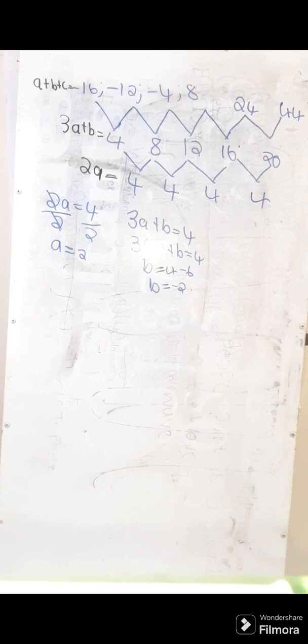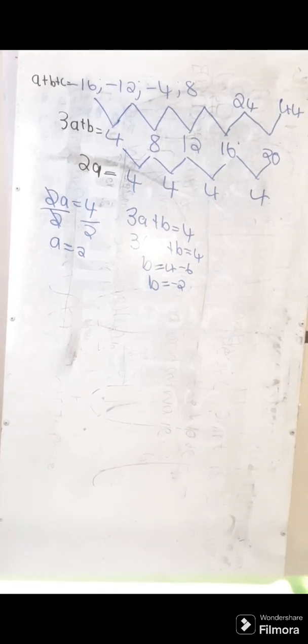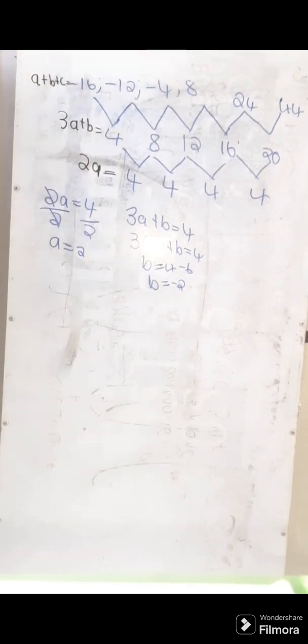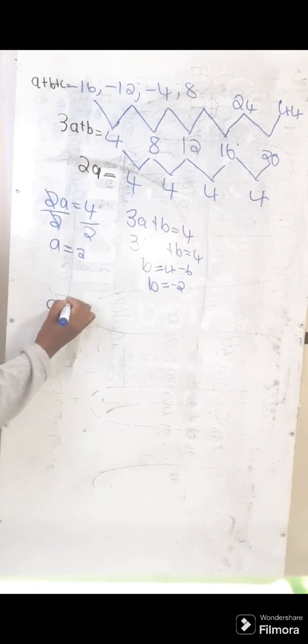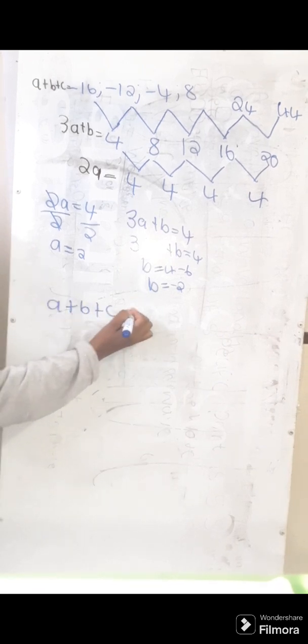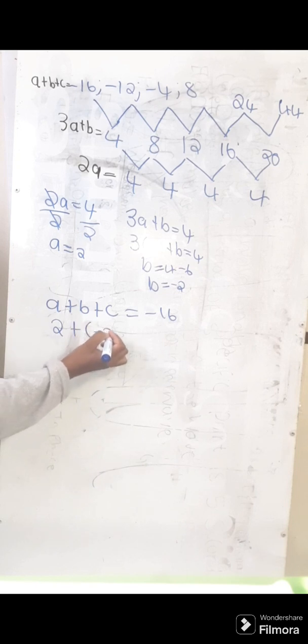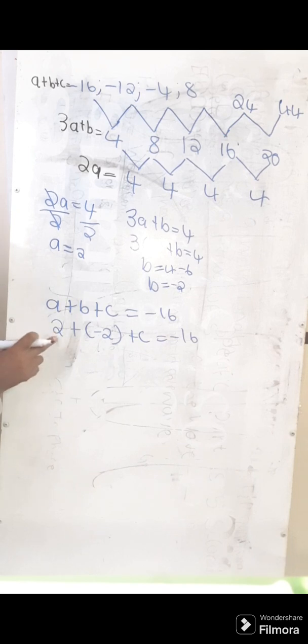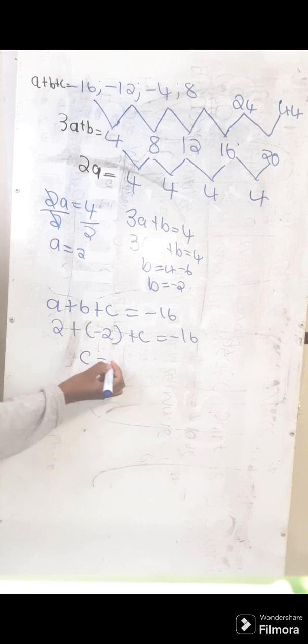So we have A and we have B. Now let's find C. As we have said here, A plus B plus C equals negative 16. Now you will substitute whatever you have. We have 2 plus negative 2 plus C equals negative 16. 2 plus negative 2 is 0. So C equals negative 16. Can you see?